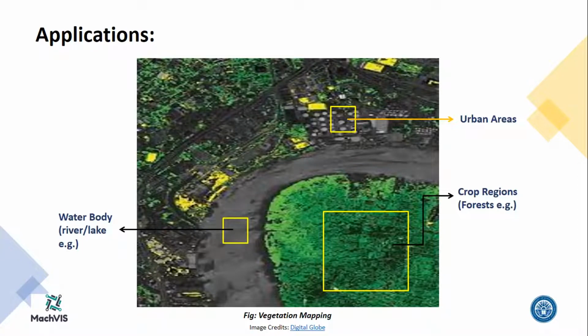What is reflectance? It means when sunlight is reflected from any surface, some of the colors are absorbed and some of the colors are reflected. That reflectance is captured by the camera, and that reflectance is used to analyze these particular objects, to tell what type of object there is.